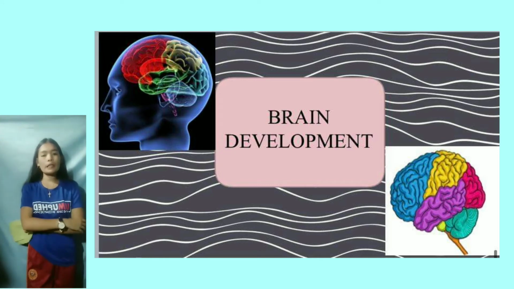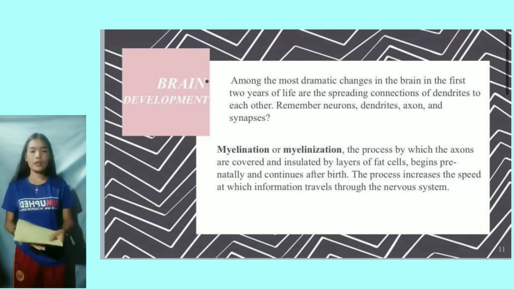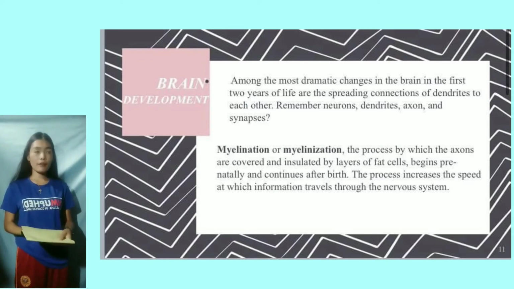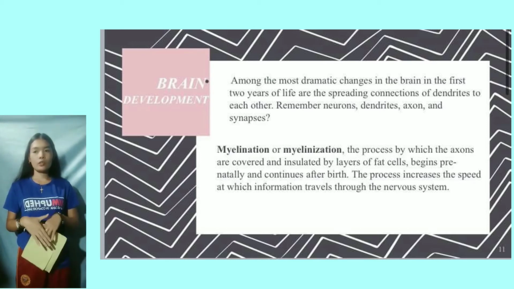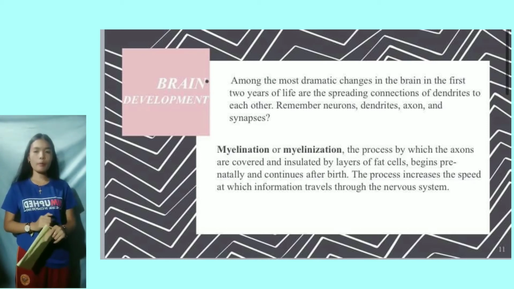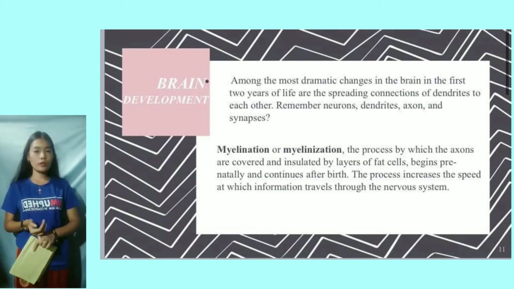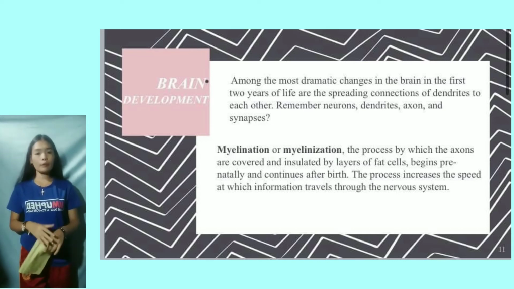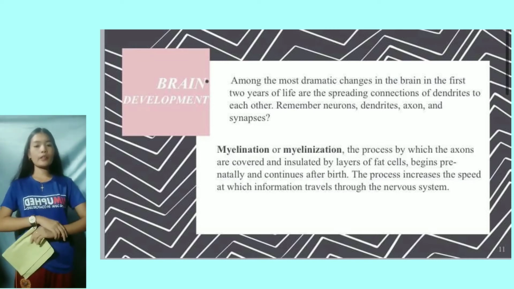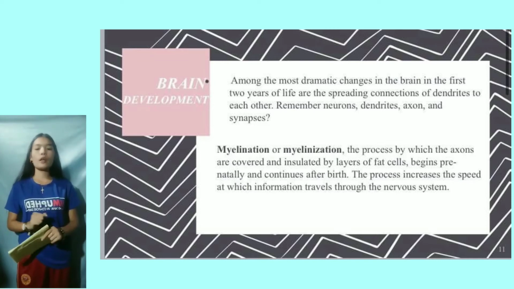Now, brain development has the most dramatic changes in the brain in the first 2 years of life, with dendrites spreading connections to each other. So remember: neurons, dendrites, axons, and synapses. Brain development is growing at a rapid rate.